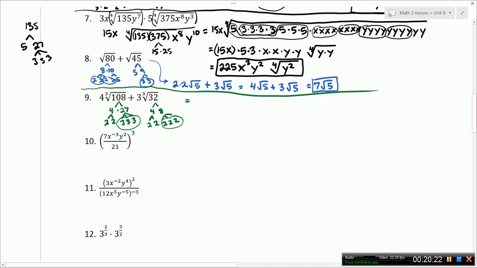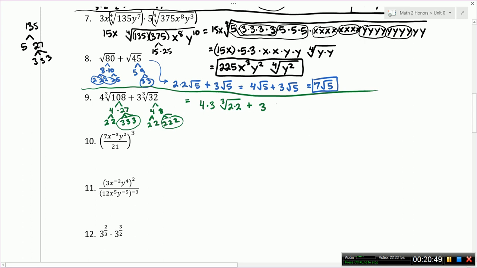On the first cube root, we have a 4 out in front already. And then that 108 broken down, we have 3 3's, which convert to 3. When you take the cube root of 3 cubed, you end up with 3. And we're left with the cube root of 2 times 2. Plus, in the second expression, we have a 3 already out in front.